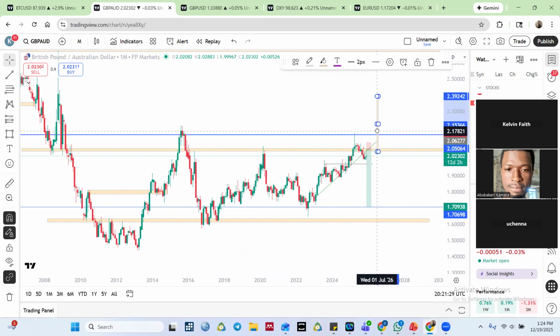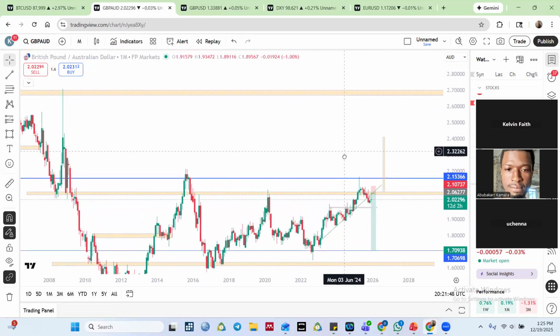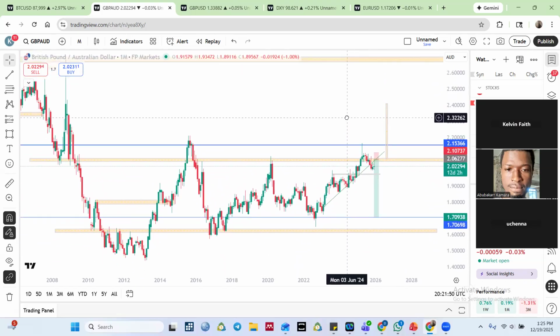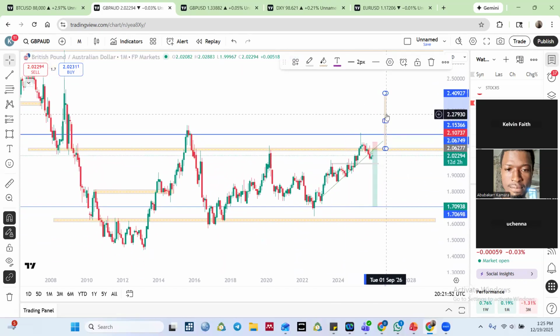That's why I said if this prediction or anticipation I'm having for the sell fails, it means the market wants to target making a new higher high from this high. Because if it doesn't sell from here, then it wants to make a new higher high. So these are the two options.